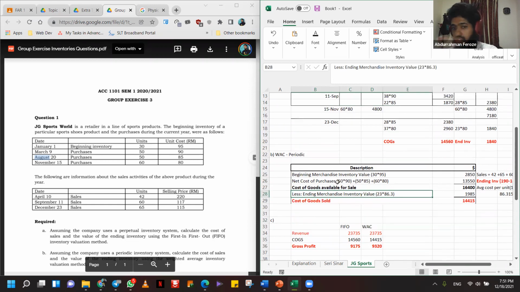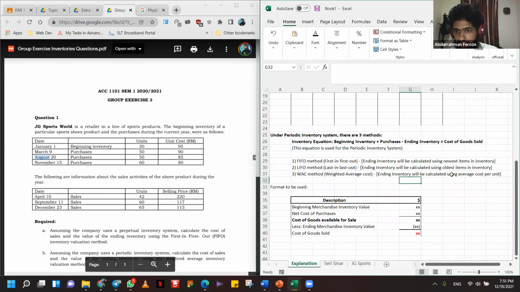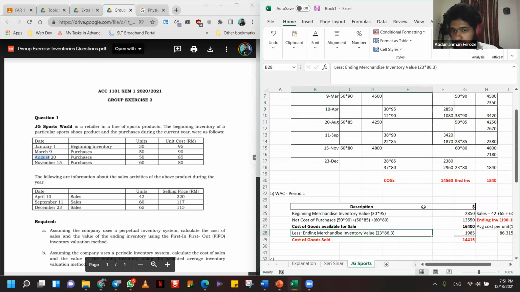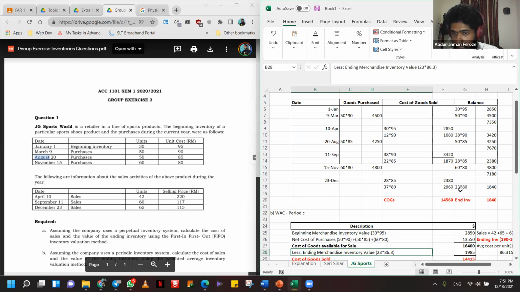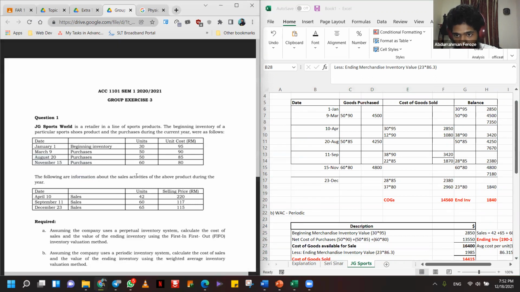So let's say they told us to use the FIFO method. For the FIFO method, we know the ending inventory is 23, but the cost is calculated using the newest items in the inventory. The newest items in the inventory is the latest purchase, which is here, which was cost at 80.